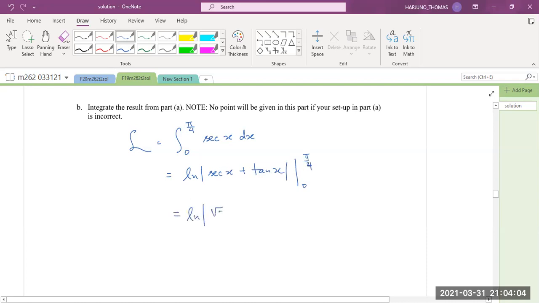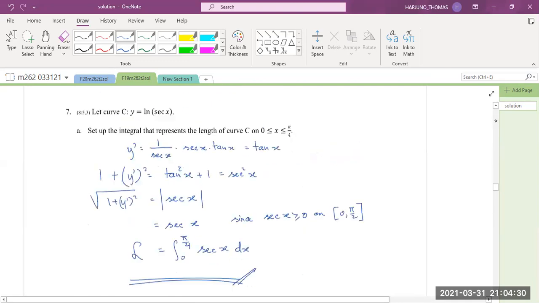So this is radical 2 plus 1 minus natural log of 1 plus 0. So that's natural log of radical 2 plus 1 minus 0, just this. This is for number 7.